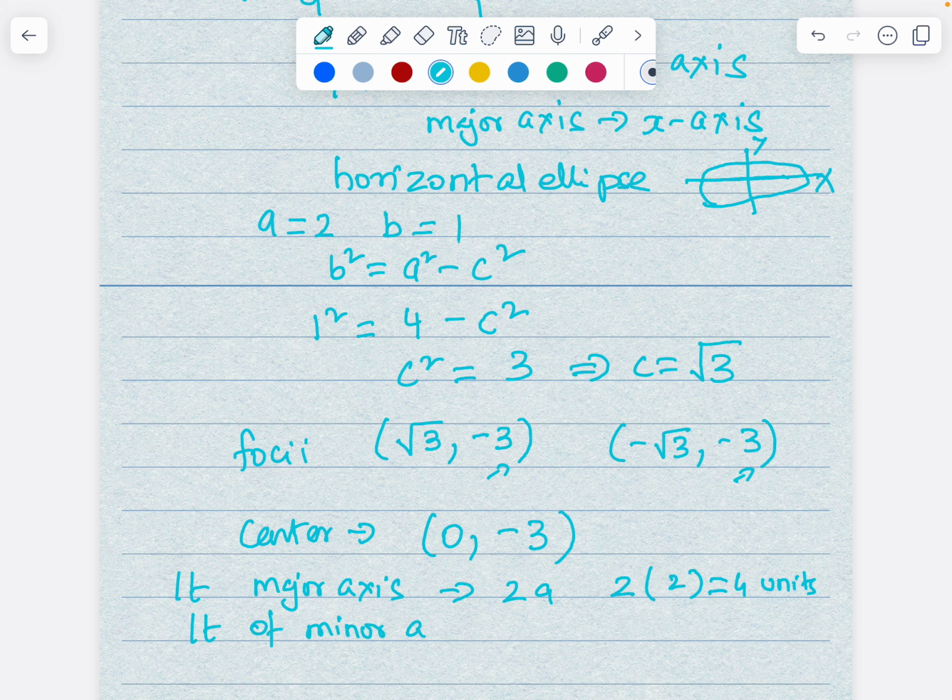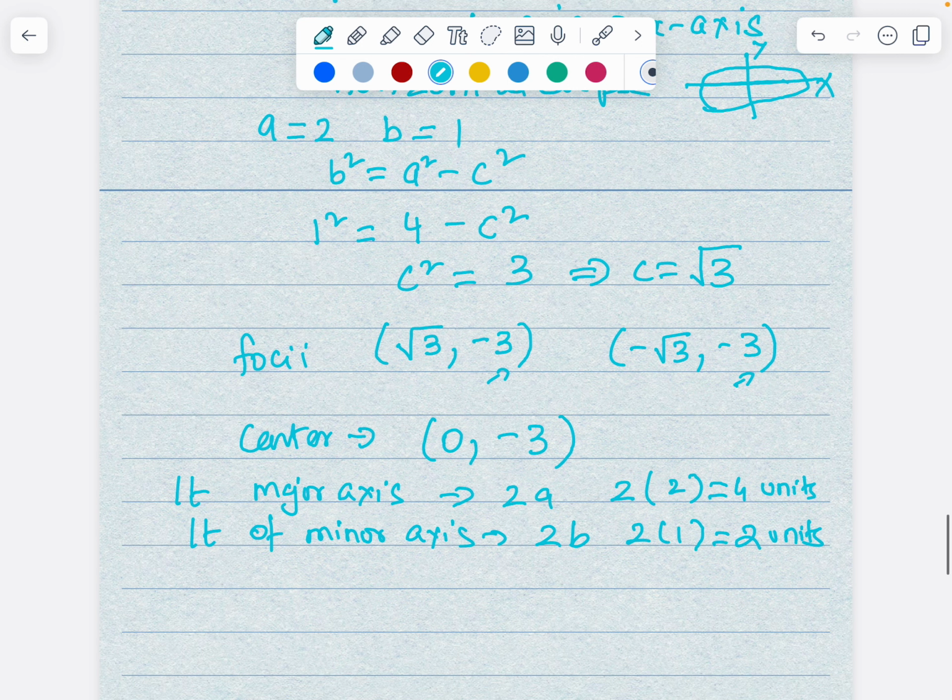And the length of minor axis is 2b, which is 2 times 1, which is 2 units. So you have all the information, and now you can graph the ellipse, because you also know how it looks.